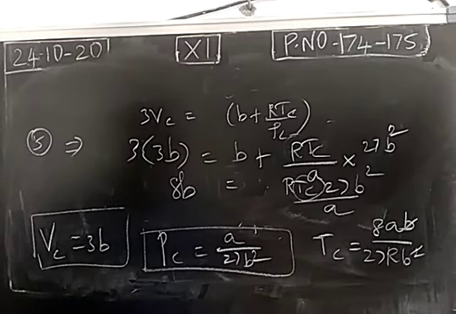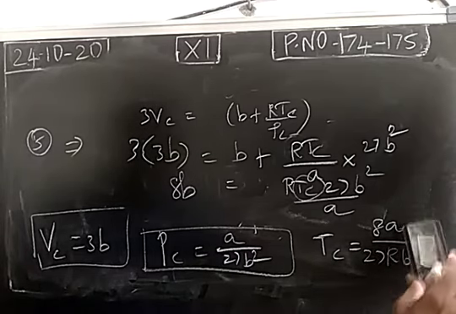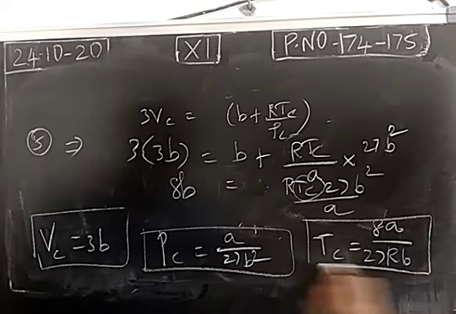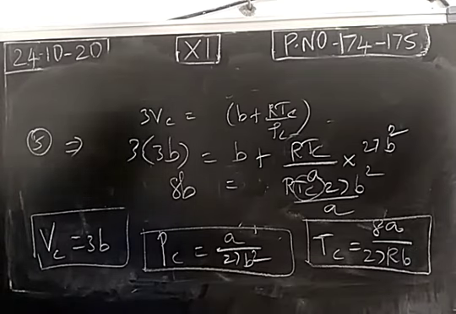And b will be cancelled. So remaining Tc is equal to 8a divided by 27Rb. So from the Van der Waals equation, we have obtained the formulas for critical volume, critical temperature and critical pressure.